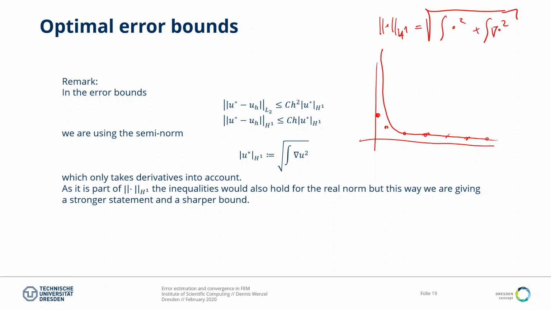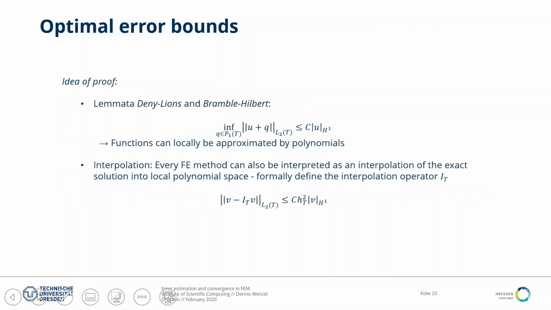Okay, what does that give us now? Just for a second, the idea of the proof. So I'm not going to do the full proof because that's a really, really long one. Just for the ideas, I'm going to name a few important parts. The two lemmata, one of the two mathematicians Deny and Lions, and the other one from Bramble and Hilbert.